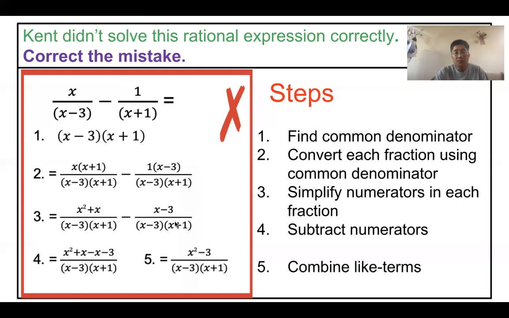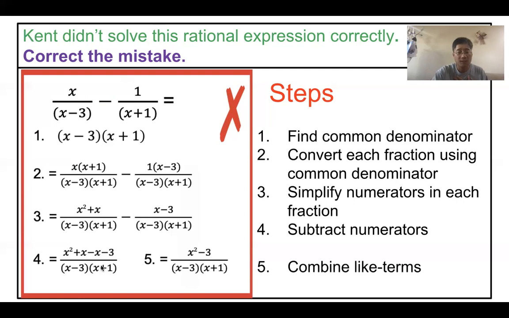And then what do you do? You subtract the numerators. So now you have two fractions become one fraction, right? When you make one fraction, you keep the common denominator, and then you subtract the numerators, because this is subtraction. If it were addition, you would add the numerators, but now subtract. But when you subtract, you should be careful. So x squared plus x minus x minus 3.